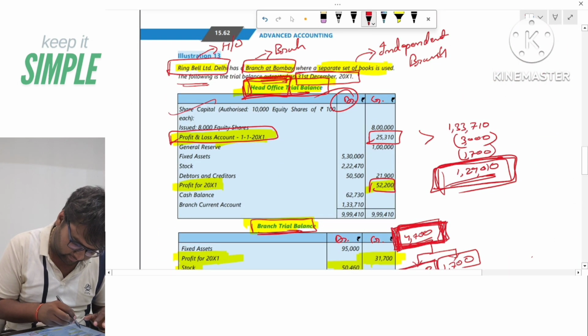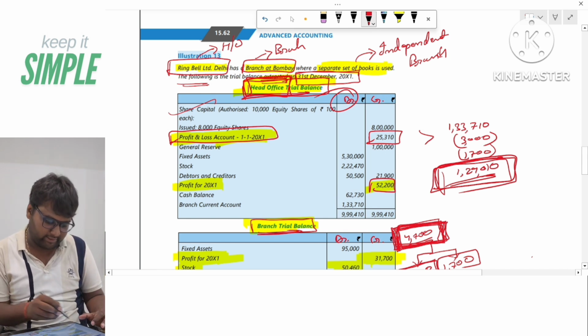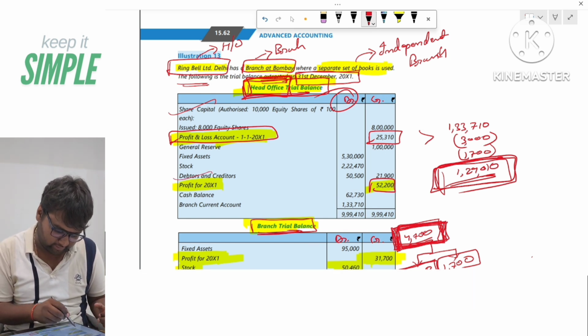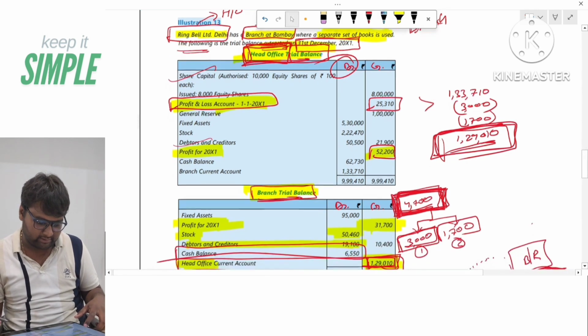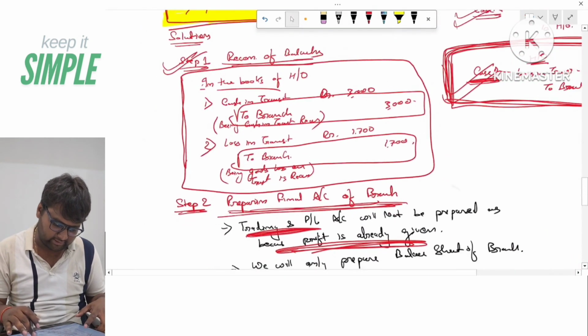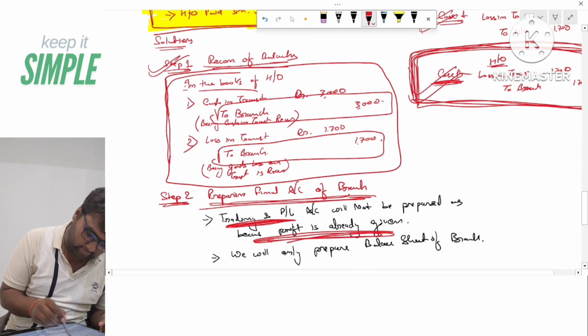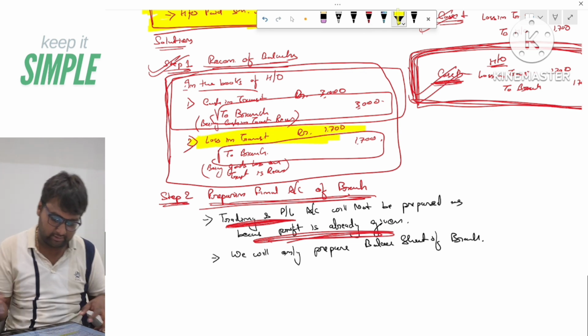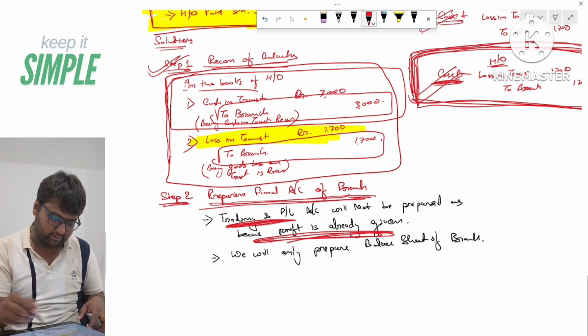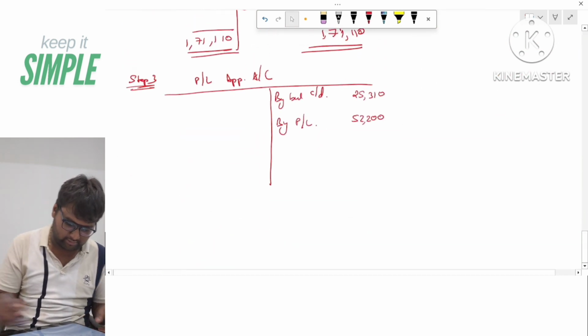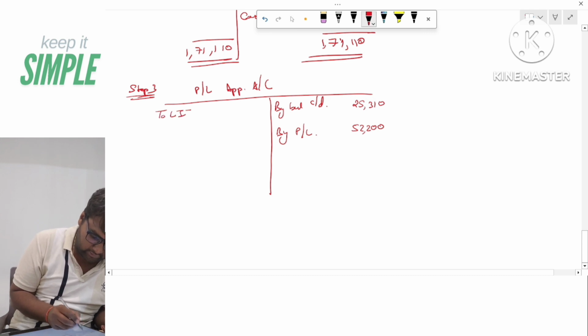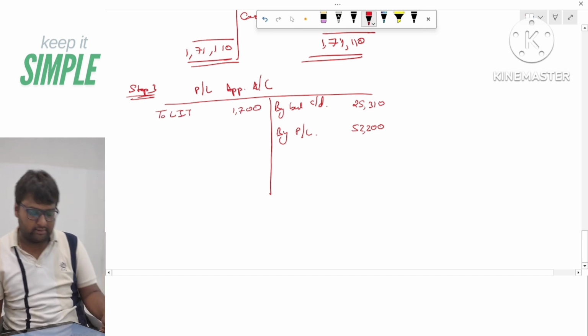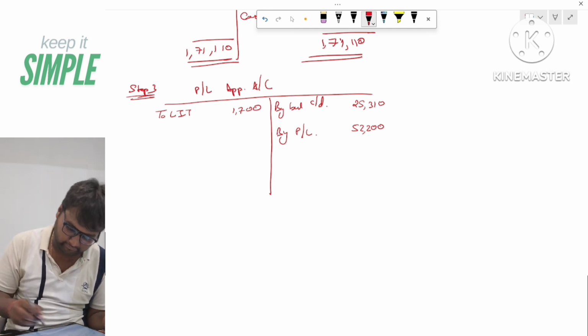Share capital will not be taken, general reserve will not be taken, fixed assets will not be taken, stock will not be taken, debtors will not be taken. Okay, so that's it, and we have passed the reconciliation entry. Cash in transit to branch will not come, but loss in transit is a PL item, so this will come. So we take loss in transit 1,700 into consideration. That's it, nothing else.